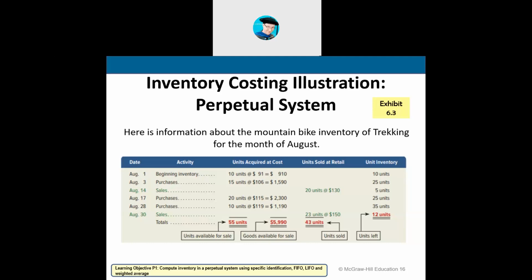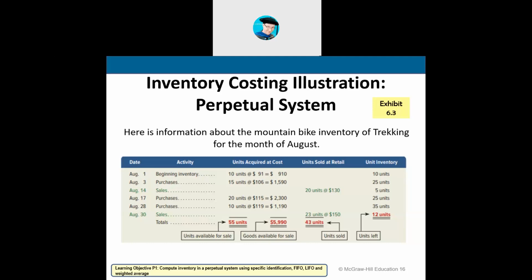So, how do we calculate units available for sale? How do we calculate cost of goods available for sale? How do we identify the number of units sold and the number of units left? Units available for sale: we add up all of our purchases plus our beginning inventory. 10 plus 15, we're at 25, plus another 20, plus another 10, 55.